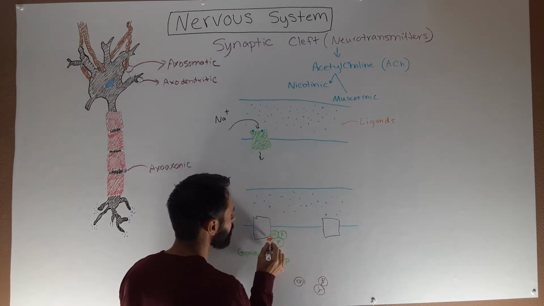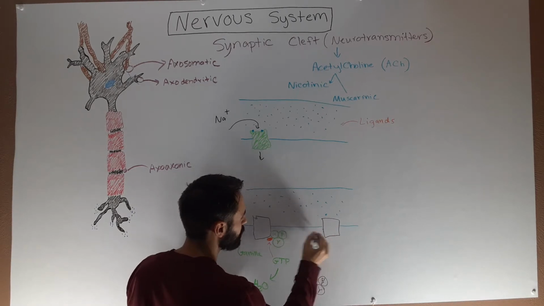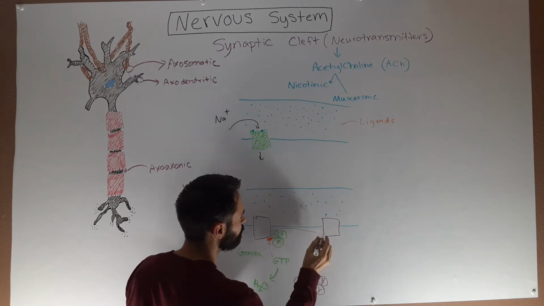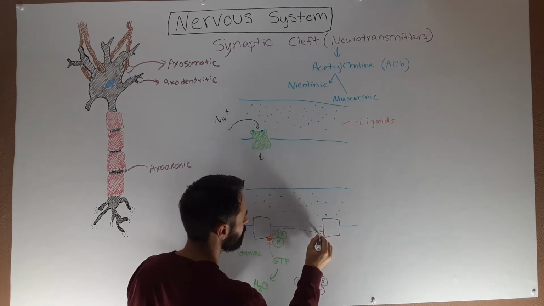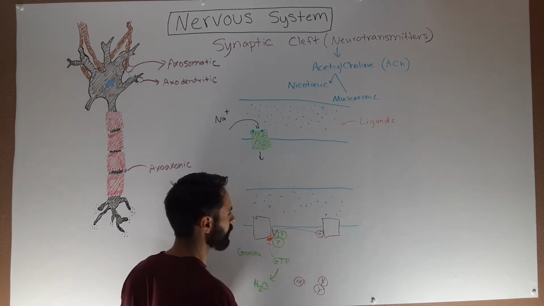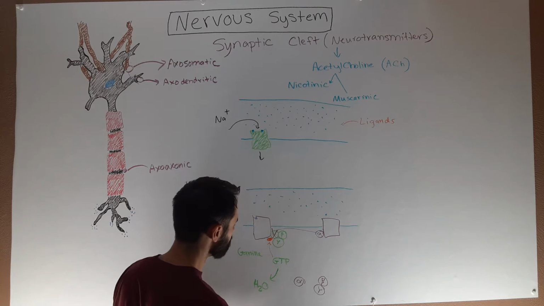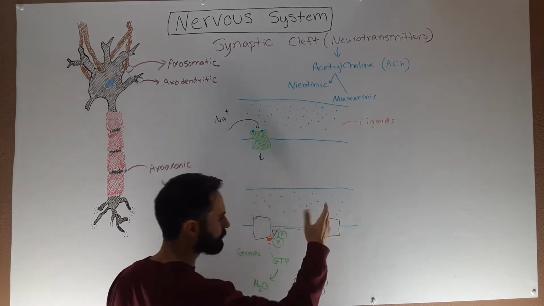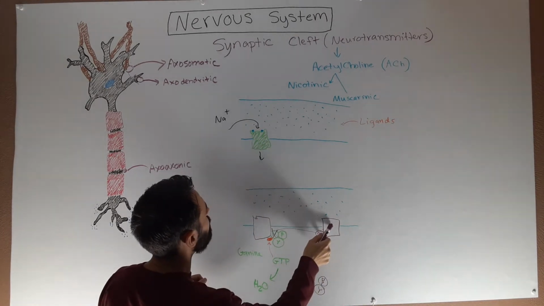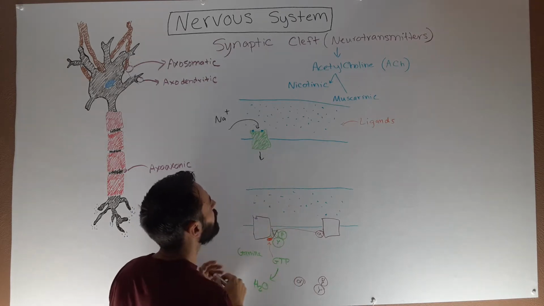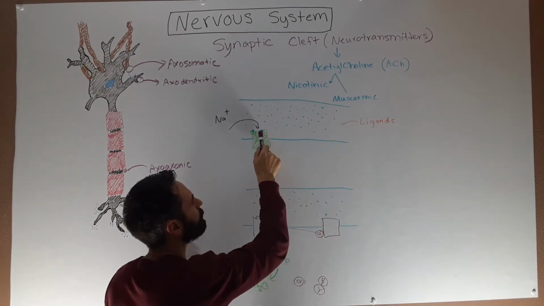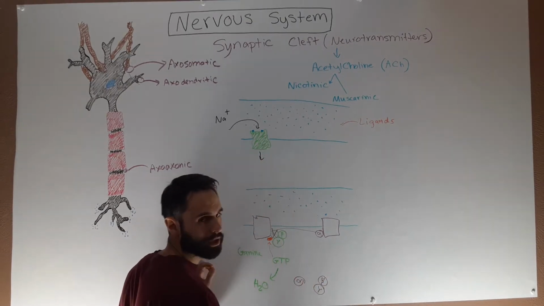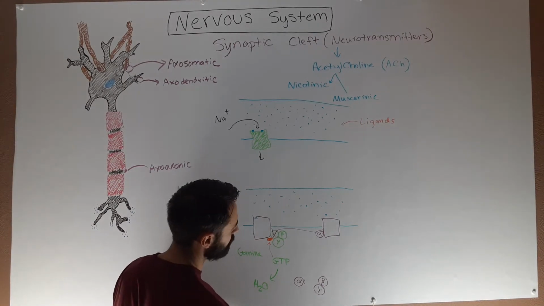This will cause a pushing, and this alpha subunit all of a sudden is going to detach and connect. So here's your alpha subunit, and boom, it's left there. It goes and attaches to that, and this all of a sudden receives whatever ion needs to be created. So now this is activating as the second half of this. Remember I was saying this one serves two purposes, to receive the neurotransmitter and also as a channel. This one's receiving the neurotransmitter, but the channel is a different protein on the postsynaptic membrane.